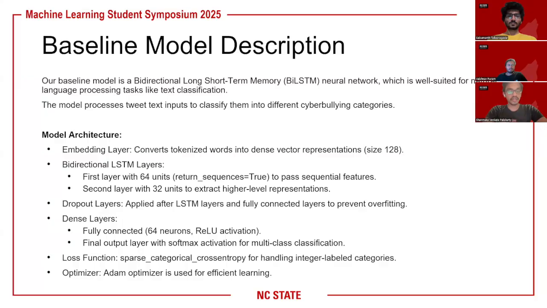Then dropout layers and dense layers, which are fully connected with 64 neurons and ReLU activation, and a final output layer with softmax activation. For the loss function and optimizer, we used the Adam optimizer for efficient learning.